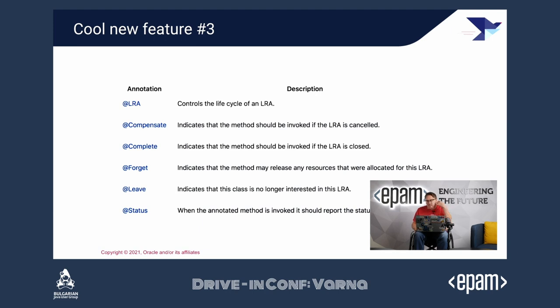There's a bunch of annotations used for that. Whenever you want to be part of an LRA, you just annotate with LRA. There are annotations for compensation, for complete, for status, and of course for leaving the LRA. They are all here, you just check MicroProfile for that. Actually, the spec is, I believe, 100% done, so just enjoy it.